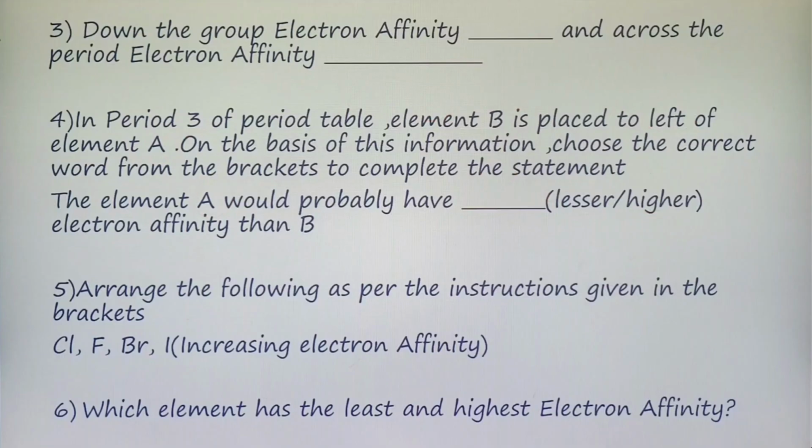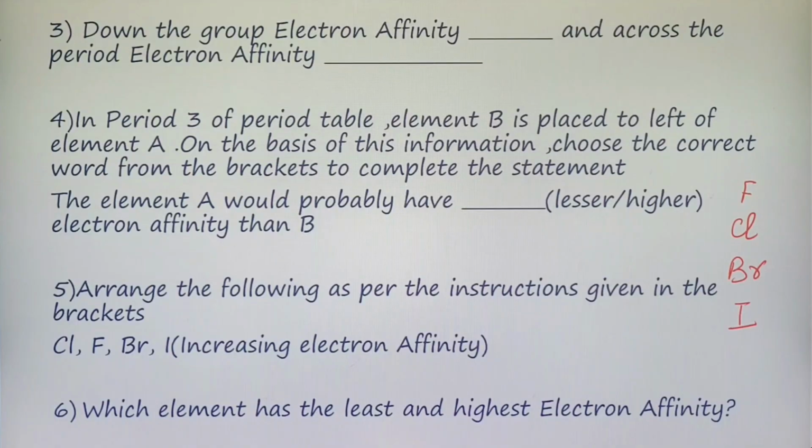Okay. Next one, arrange the elements as per the instructions given in the bracket. So here you have to arrange chlorine, fluorine and bromine in increasing electron affinity. We know this is down a group. Fluorine, chlorine, bromine and iodine. Please remember this as an exception here, children. We know fluorine, chlorine, bromine, iodine, they are in a group.